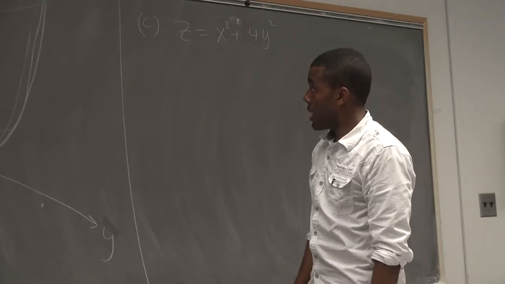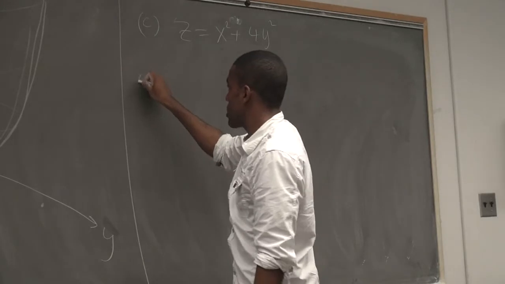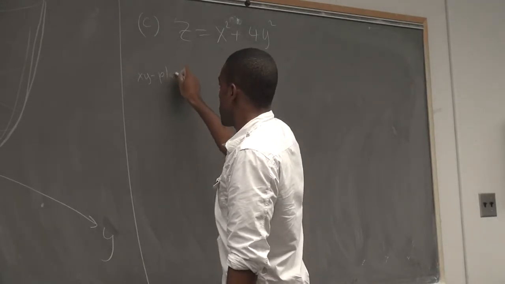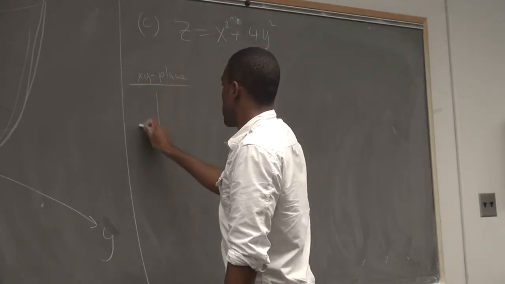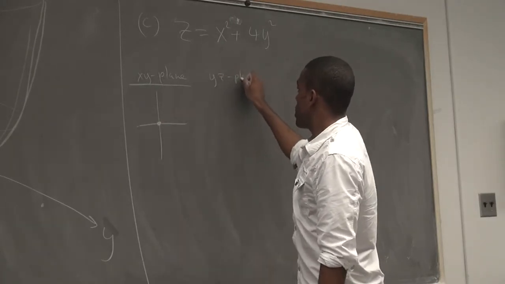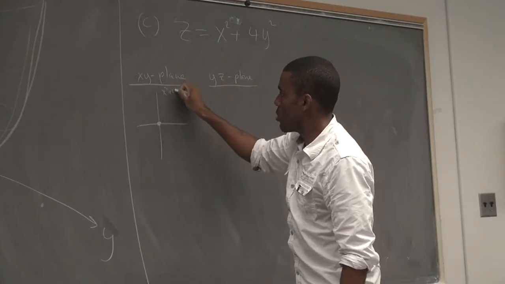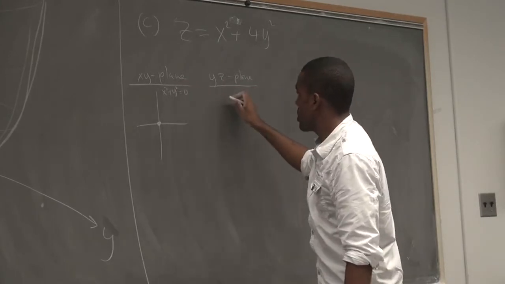So this one is actually sort of the same. So in the x, y plane, it's just a point again, and then the y, z plane. So this is just x squared plus y squared equals 0.